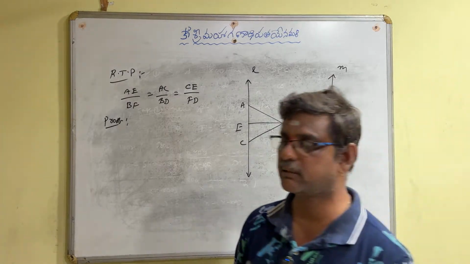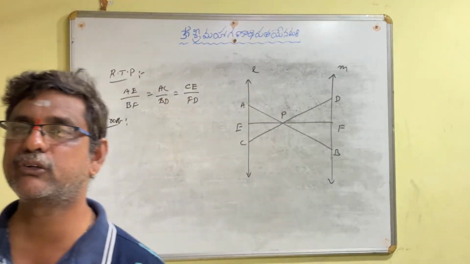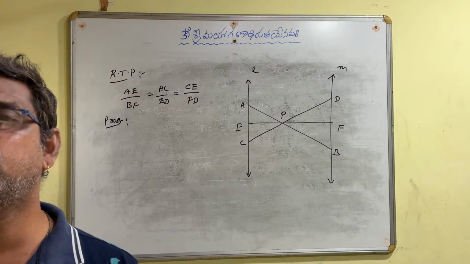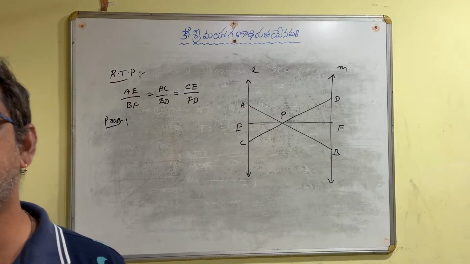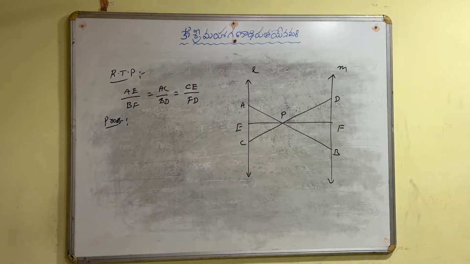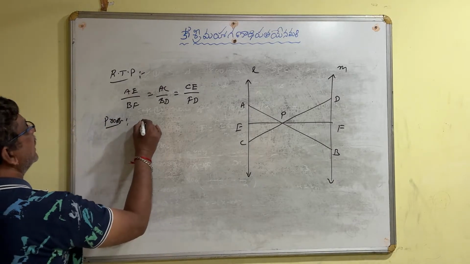If the triangles are similar, corresponding sides ratios are equal. So we need to consider any 2 triangles, and we need to prove that they are similar.